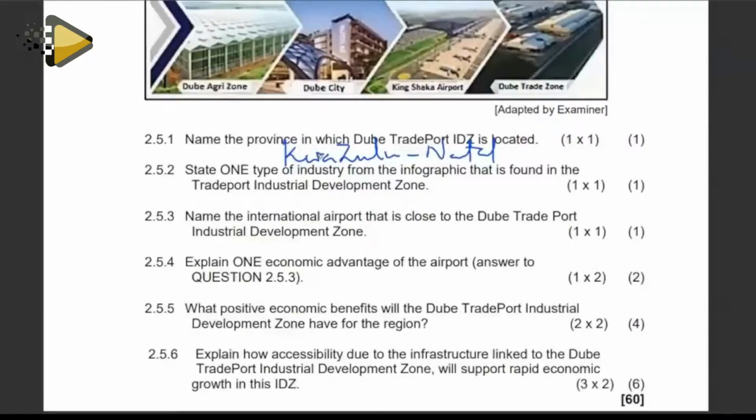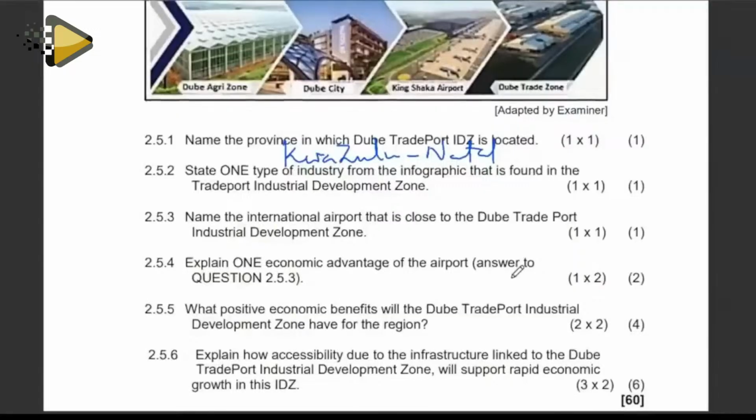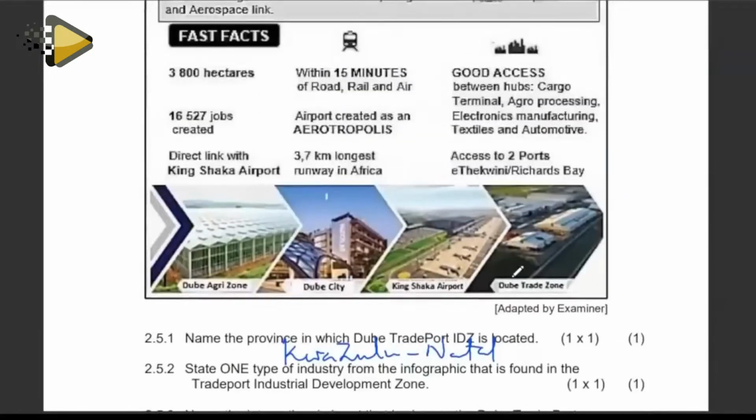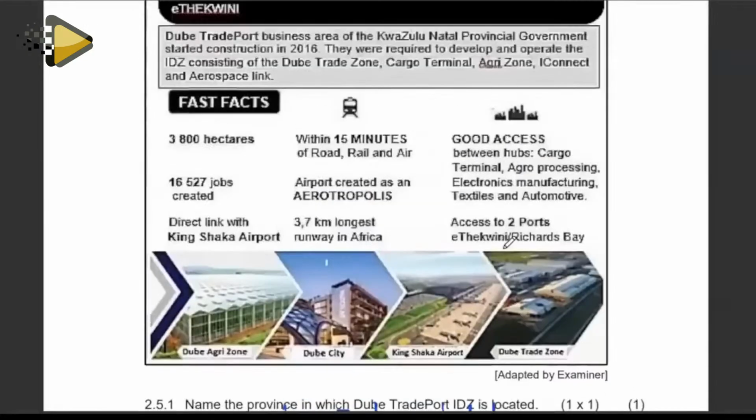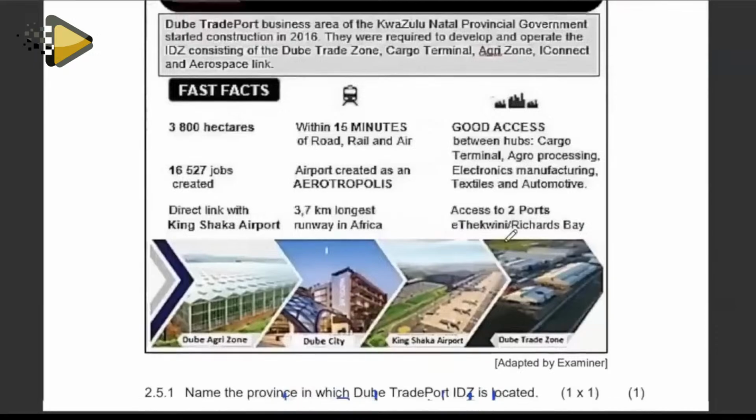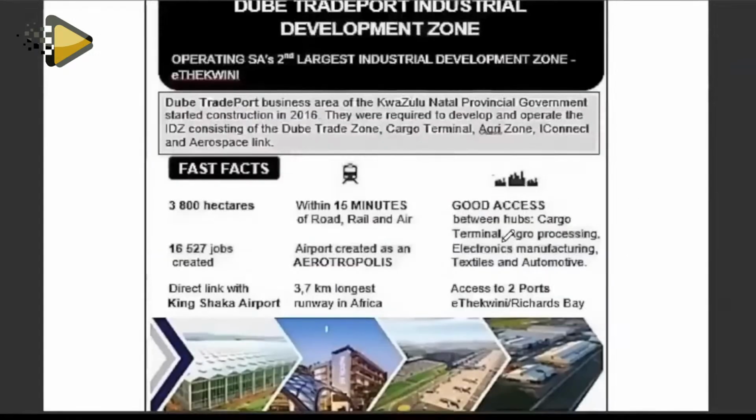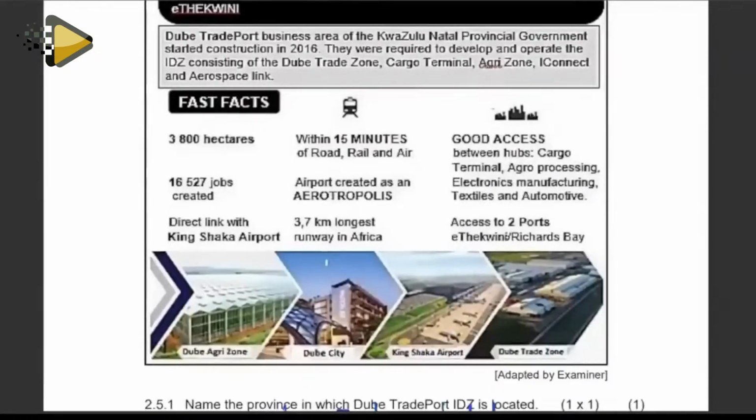Then it says, state one type of industry from the infographic that is found in the Dube Trade Port Industrial Development Zone. The types of industries that are found, I'm going to just trace here and try to find. Right, if we check, it is talking about the land and accessibility, the runway in Africa.